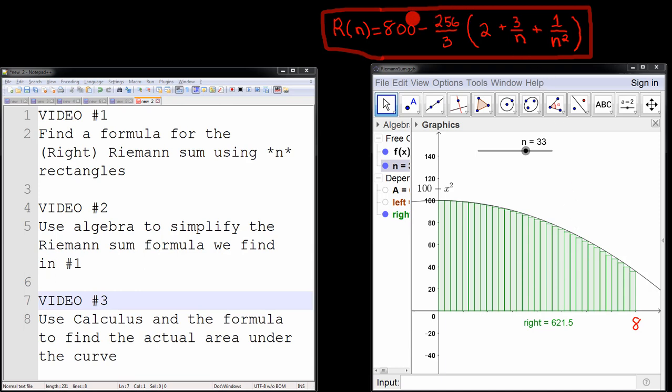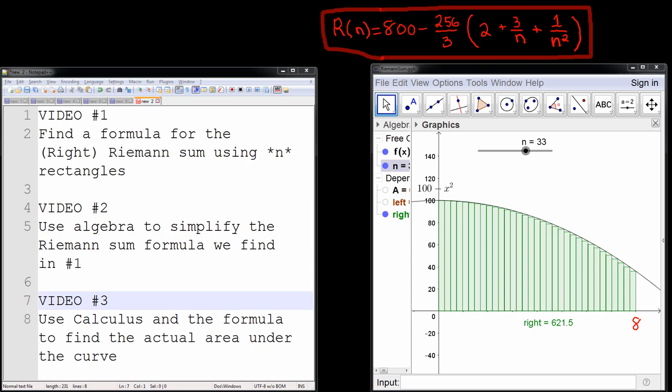But with this formula, I can do it in a couple seconds. We worked really hard to get this formula, but I think it was worth the work because it is extremely powerful.